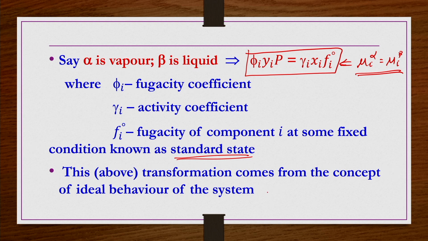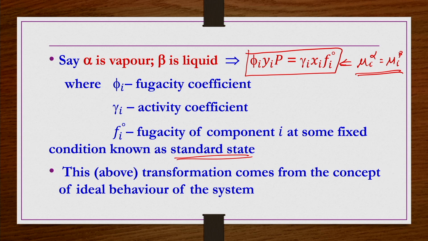As I said, if you take a pure gas, then the fugacity of that gas is equal to the total pressure of the system, provided the gas is an ideal gas. And if you have a mixture of gases and that mixture is obeying ideal behavior, then the fugacity of any component i is equal to the partial pressure of that component. That is the basis we have taken to get this transformation.